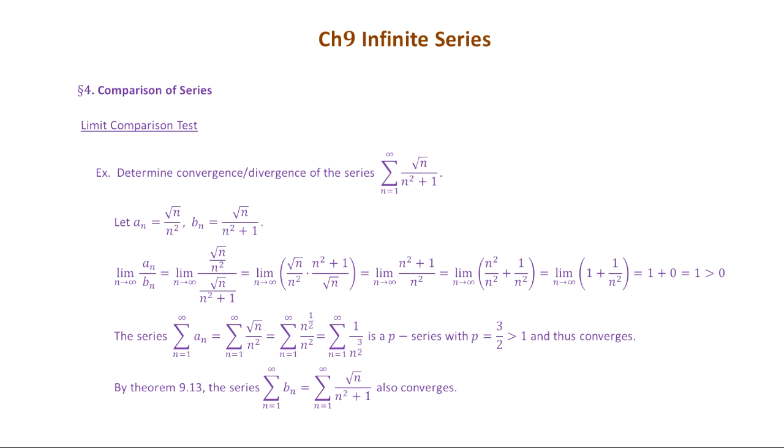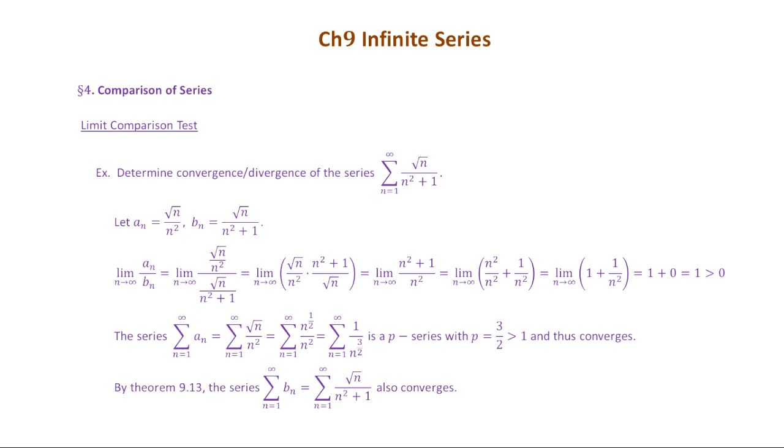Again, you split this fraction into 2 from the numerator. So we get n squared over n squared plus 1 over n squared. The first term is just 1, so we got 1 plus 1 over n squared, and the limit of 1 over n squared as n goes to infinity is 0, as we know. So we got 1 plus 0 equals 1. So that's positive again. So these two series have the same order of convergence.